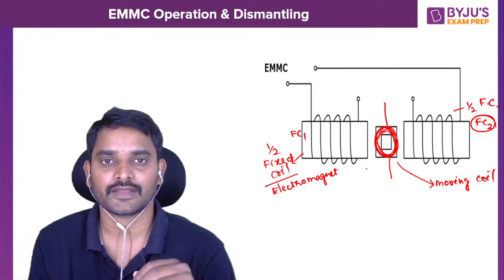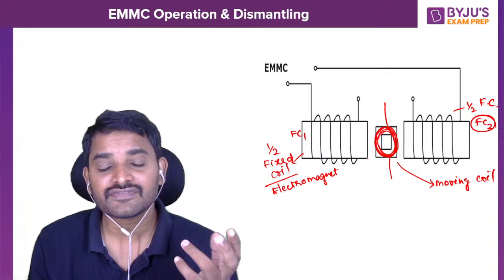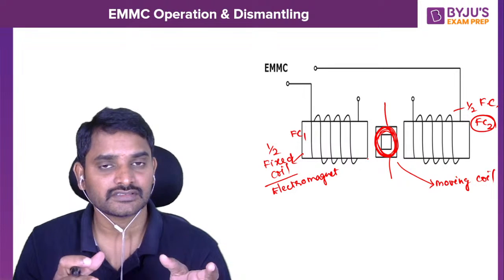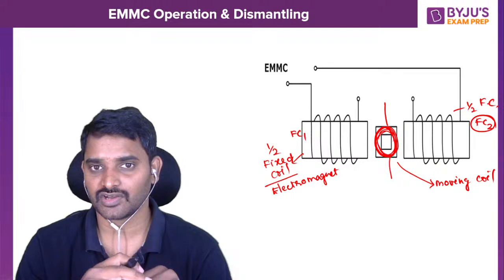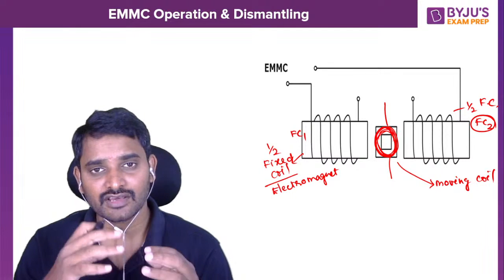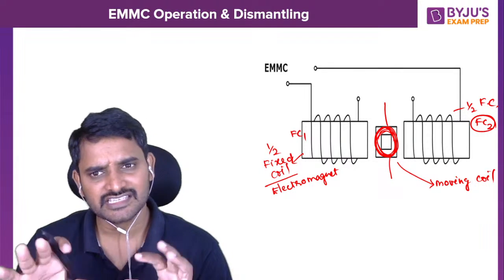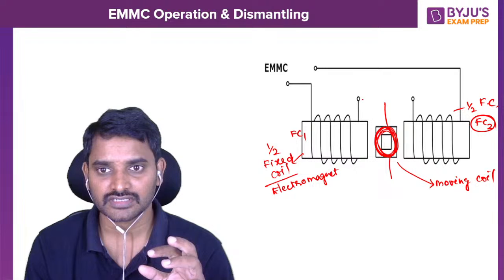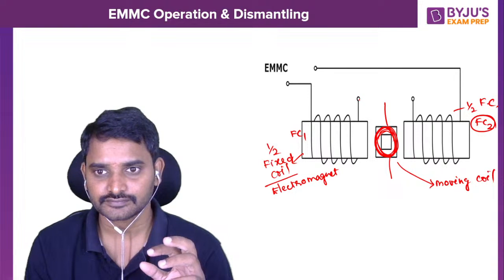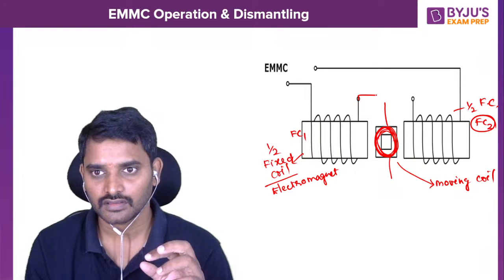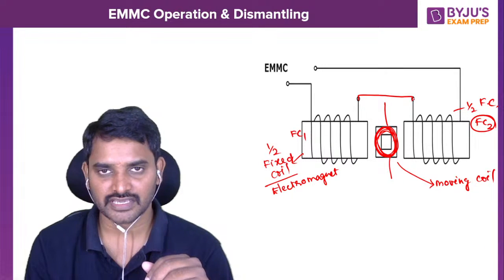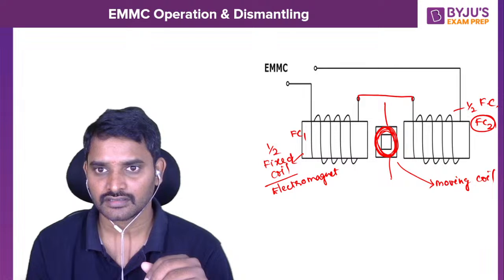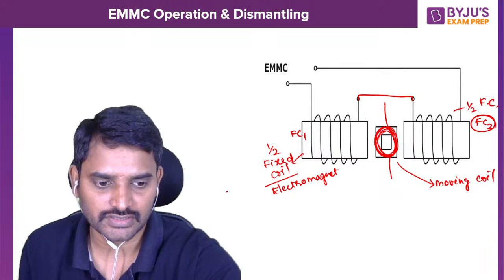Now if you want to measure current, how do you connect these two coils? If you want to measure voltage, how do you connect these coils? To measure current or voltage, you need to connect these coils in series simply. So take this fixed coil connection, the finishing end can be connected here. Let me show you here.